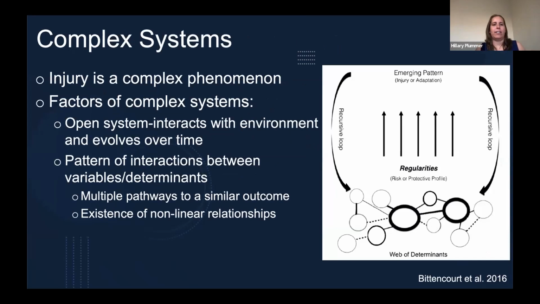One thing I wanted to talk about, because I think it's where injury prediction modeling is going in the future, and where we can really marry the analytic side to the biomechanics side, is complex systems approaches. There's a good article published in the British Journal of Sports Medicine by Bittencourt in 2016 about complex systems approaches in injury prediction modeling.